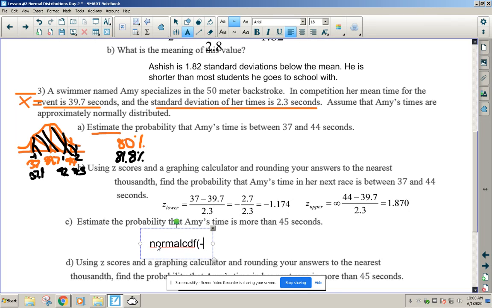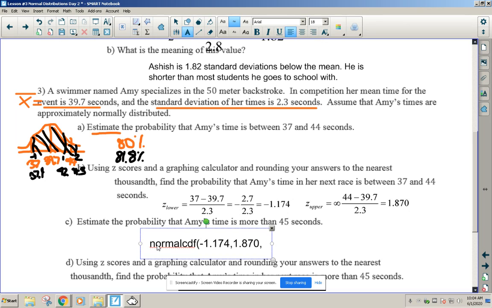But now we're going to use the z-score. So we're going to have negative 1.174, a comma. The older calculators, you literally type in the comma. The new calculator, you're on the list and you hit enter after you type this. Then the upper, 1.870, and again, you would hit enter.